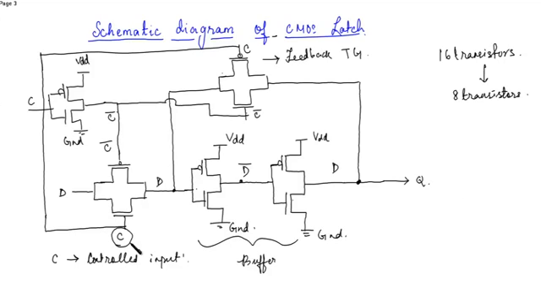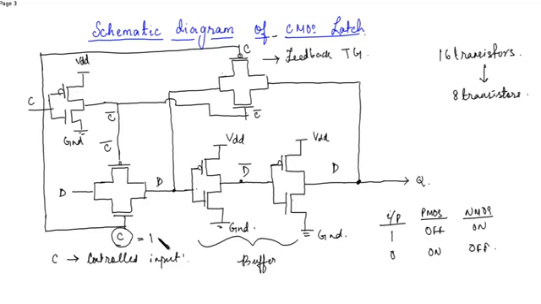So when C is equal to 1, we know that when input is 1, then PMOS turns off and the NMOS turns on. When input is 0, then the PMOS turns on and the NMOS turns off.